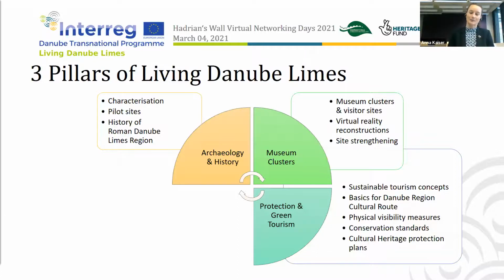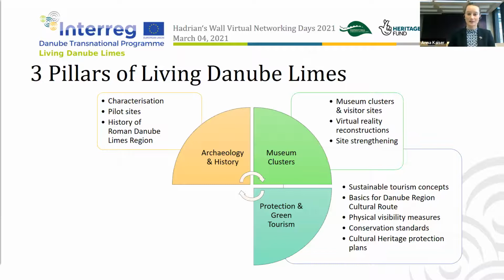We are developing strategies that connect these museum clusters and all the Roman sites along the Danube, because we feel that working together as one big transnational heritage site makes each museum and every site stronger than if every site works for itself. And we include measures on site strengthening.